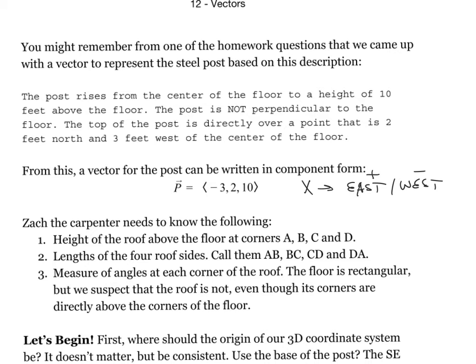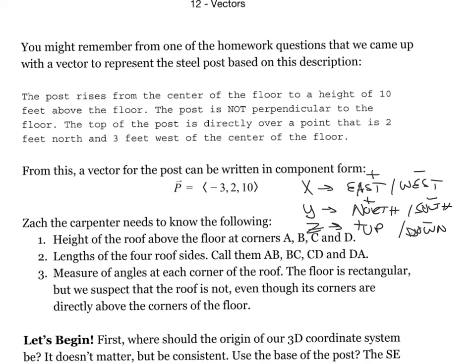For the y component of that vector, we'd say that was north and south. North is plus and south is negative. And then the z-axis would have to be up and down, so that up represents positive and down represents negative.